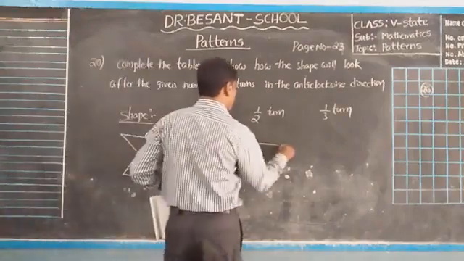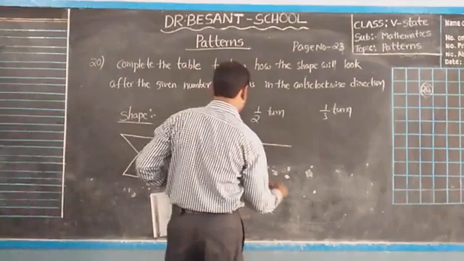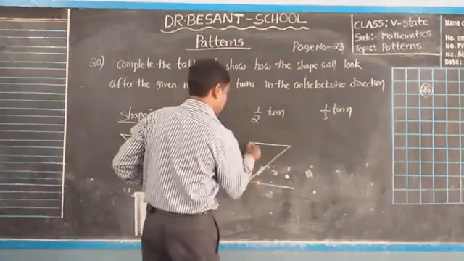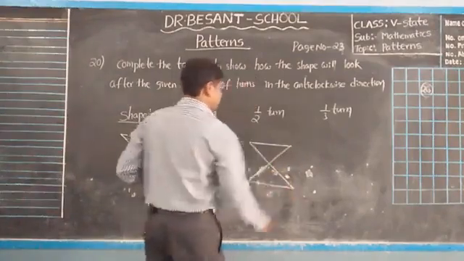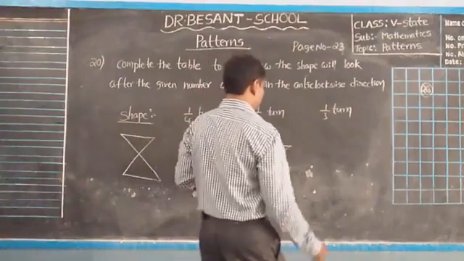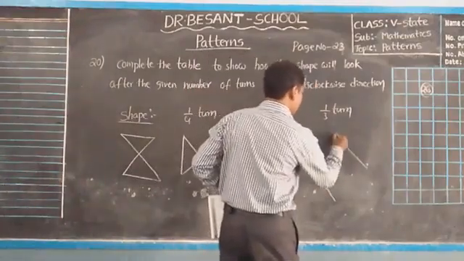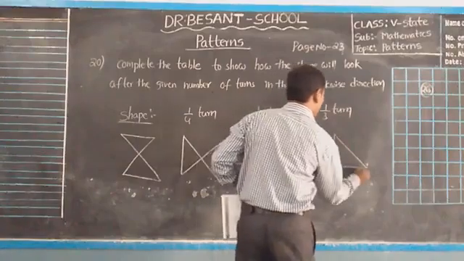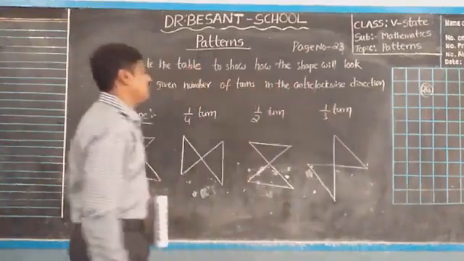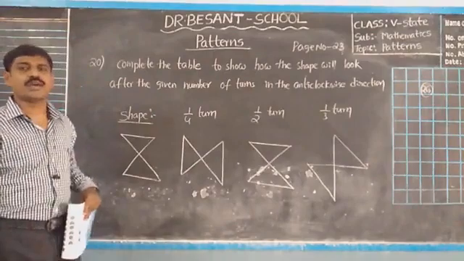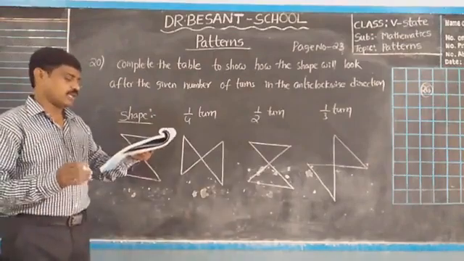Next 1 by 2 turn. 1 by 2 turn. Next 1 by 3 turn. Just a little bit cross. 1 by 3 turn. So this is the way you have to answer the following questions.